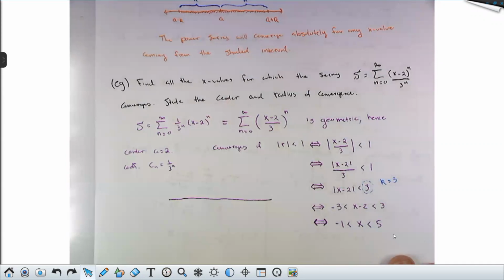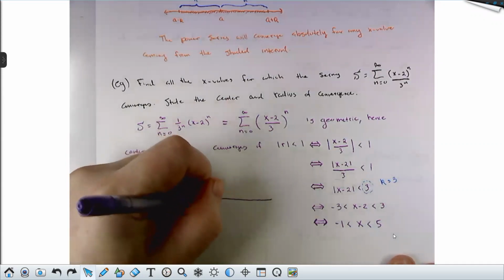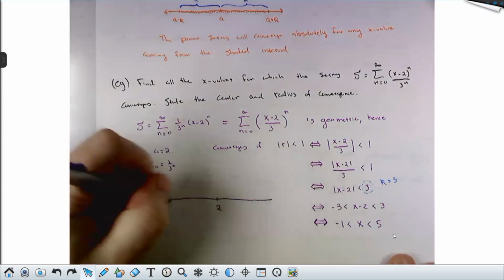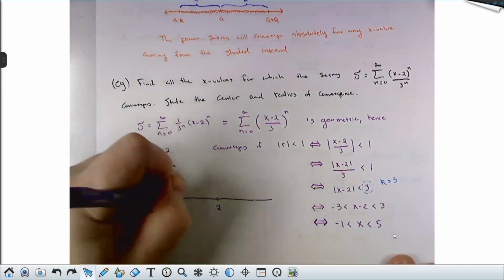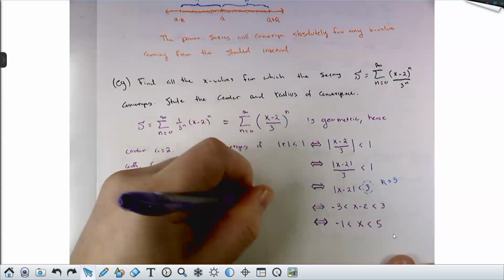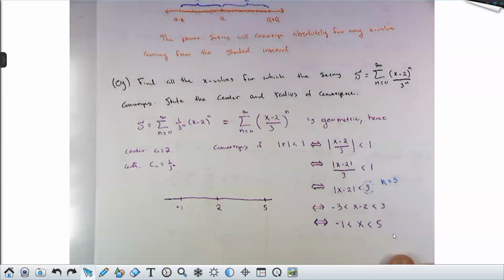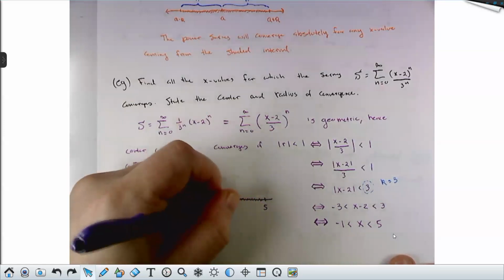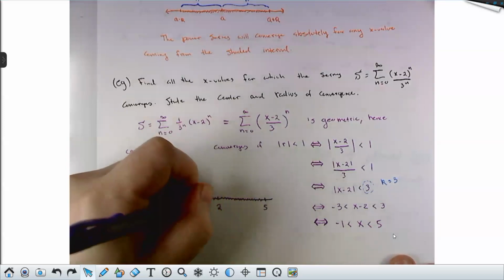So I'm going to draw my number line, and I'm going to put the center right here. The center we said is 2. -1 is over here, and 5 is the same distance over here. So my series will converge for any x values in here.